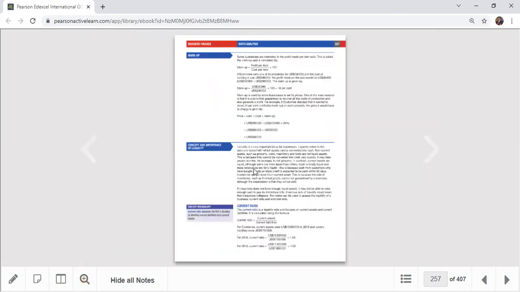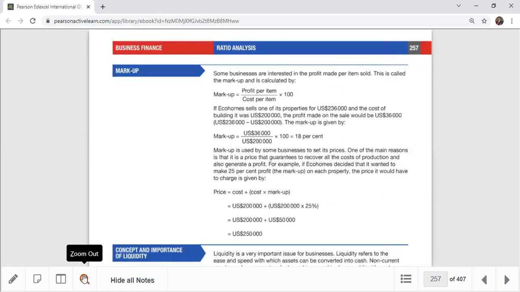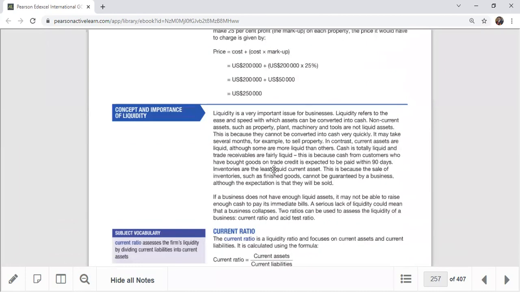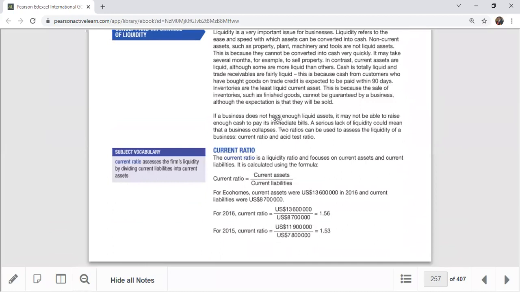But it depends on the business organization, because we can't say every organization should have 2:1. Sometimes some organizations don't have enough current assets because they invest their money elsewhere, for example a real estate business or car sales. They don't keep a lot of inventories and receivables, but they keep so many non-current assets.